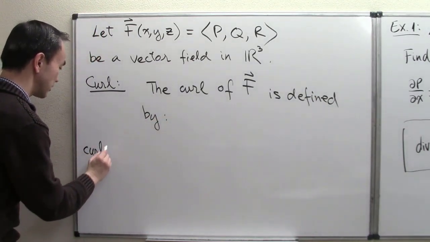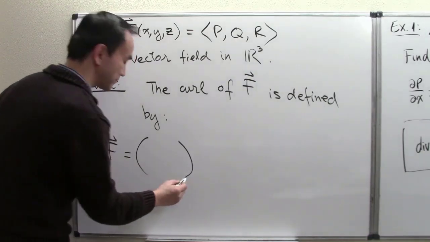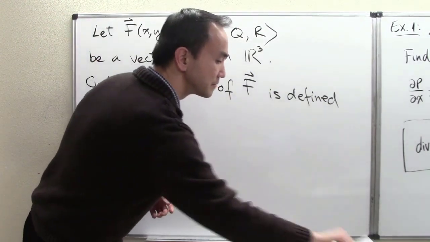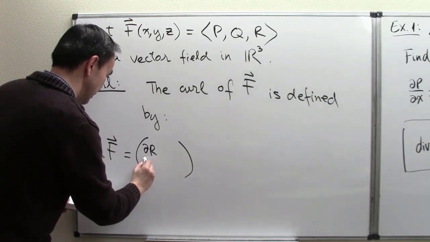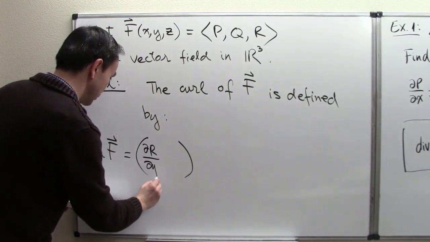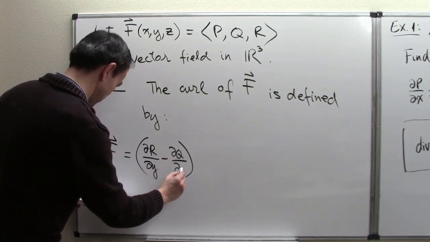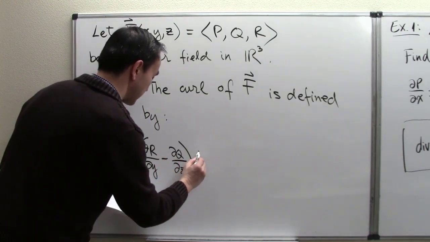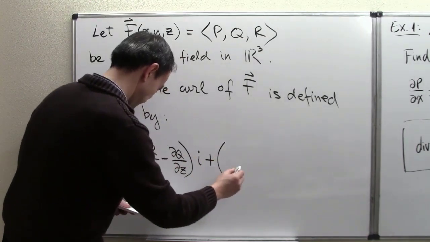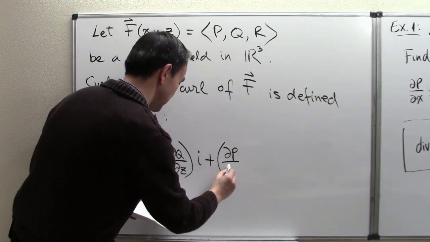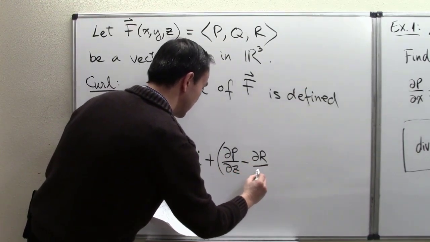Notationally, curl of f, and it's defined by dr dy minus dq dz with the i vector plus dp dz minus dr dx.